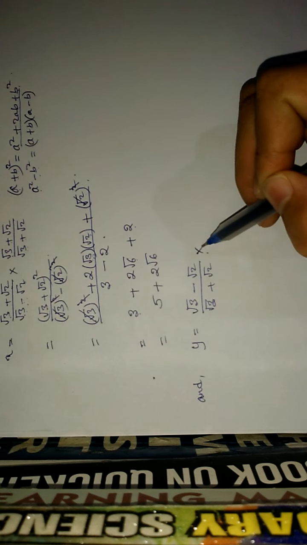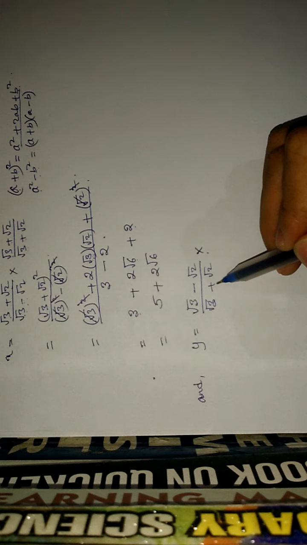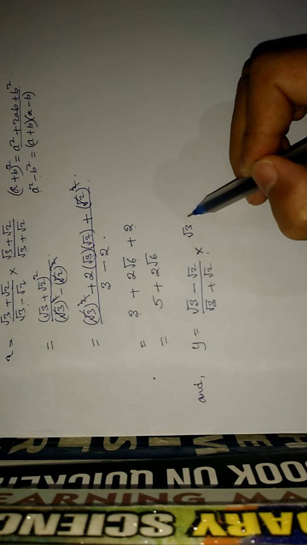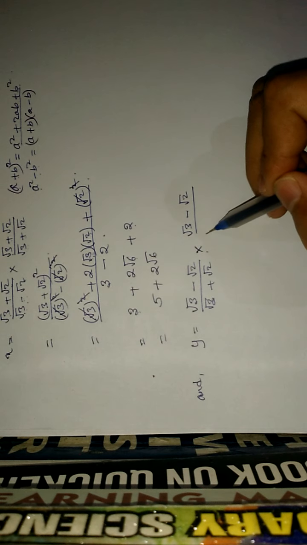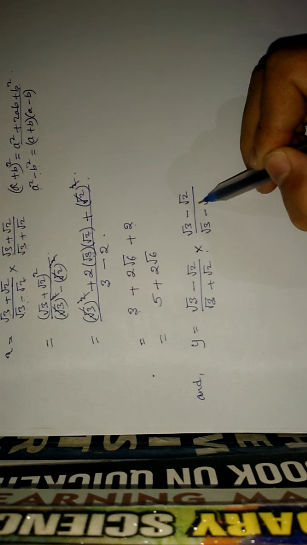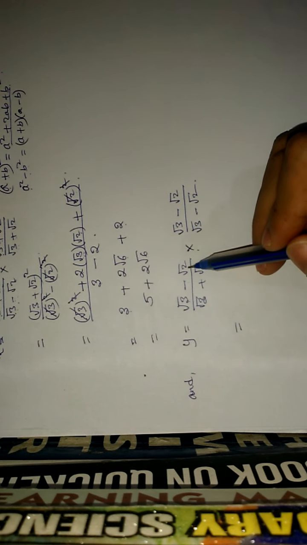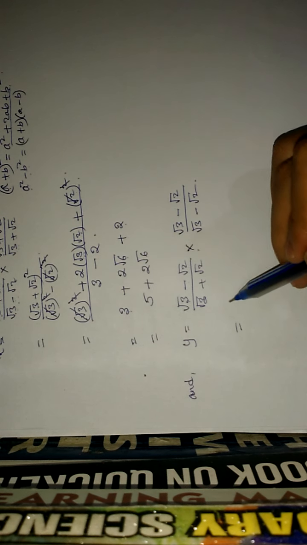So here root 3 minus root 2 and root 3 minus root 2, they are exactly similar. So just put the square over here. So it will be root 3 minus root 2 square divided by denominator root 3 plus root 2, root 3 minus root 2. So we can form a square minus b square out of this.